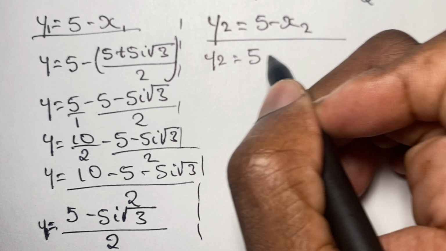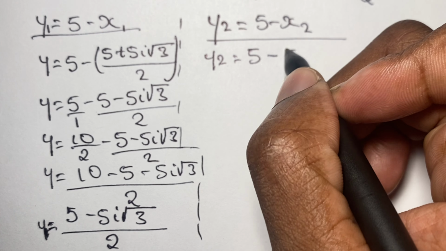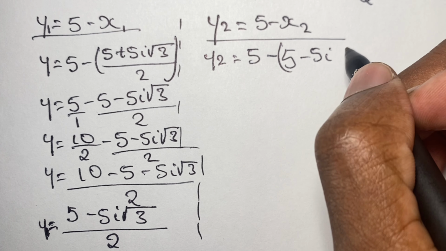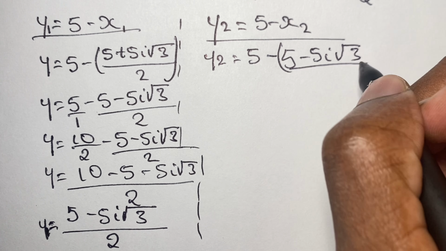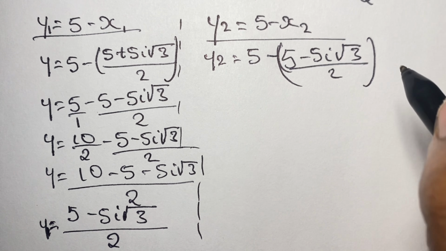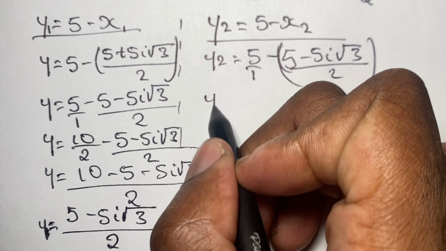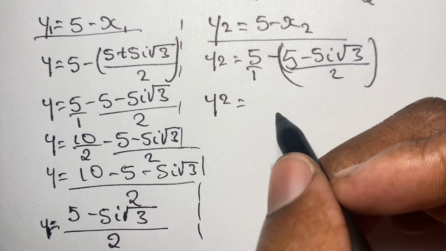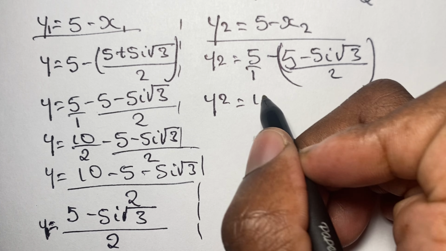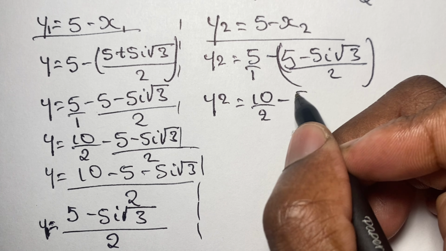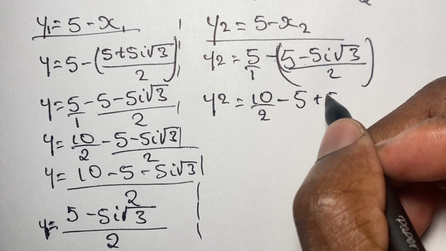So we have y is equal to 5 minus the second solution of x, which is 5 minus 5i times the square root of 3 all over 2. So from here we evaluate this by expanding our bracket, so we can see the equivalent fraction of 5 is 10 over 2. So we'll have 10 over 2 minus 5 plus 5i times the square root of 3 over 2.